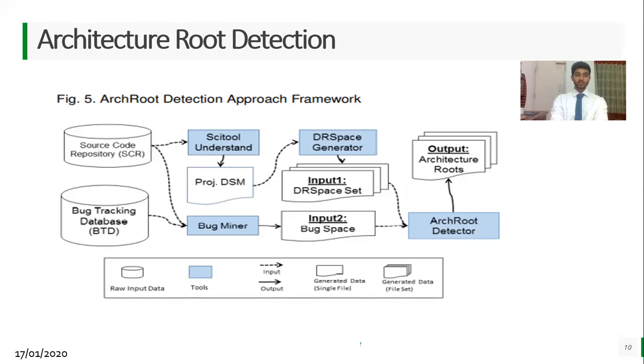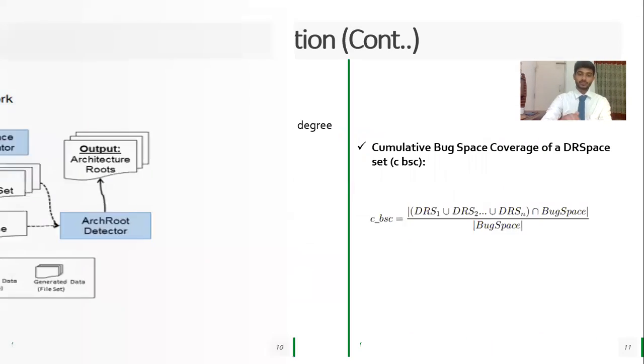This framework takes a source code repository and a bug tracking database. The source code goes to Understand, which produces the DSM, and also to the history miner, while the bug tracking database goes to the bug miner. Then the DSM goes to the DRS space generator, and the bug space from the bug miner goes as input along with the DRS space set to the architecture root detector, which then outputs the architecture roots. That is the architecture root detection.